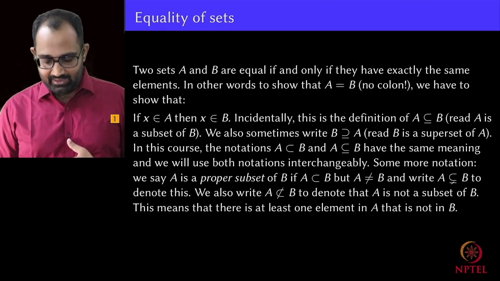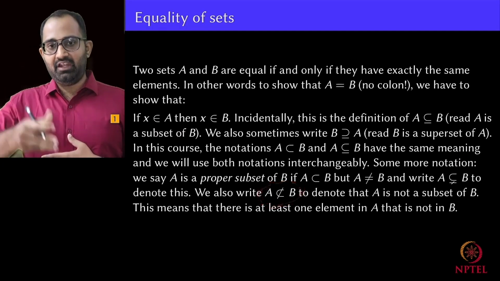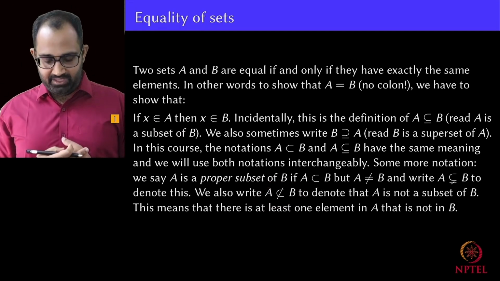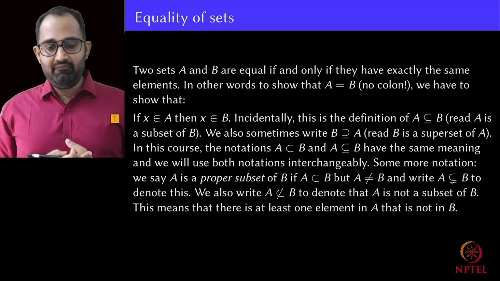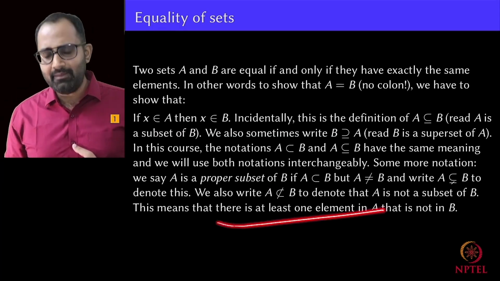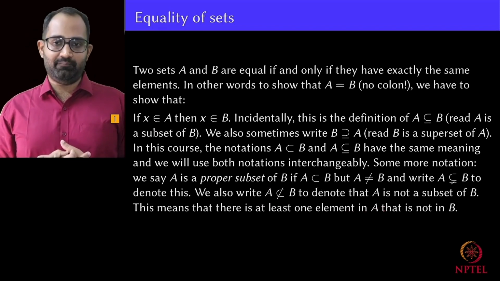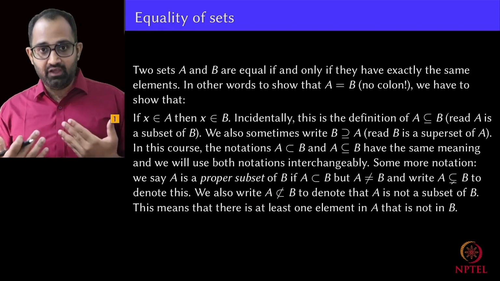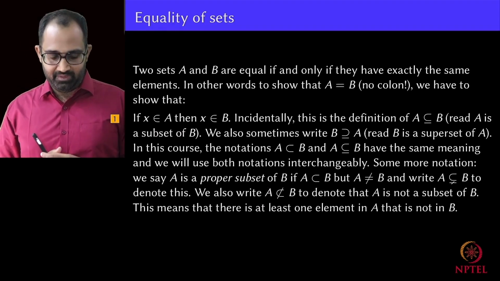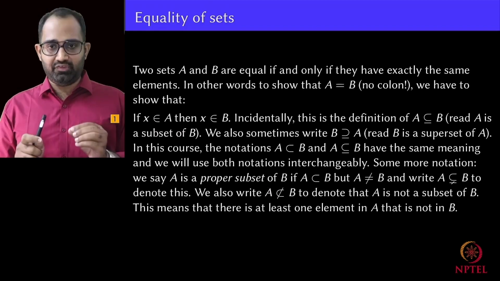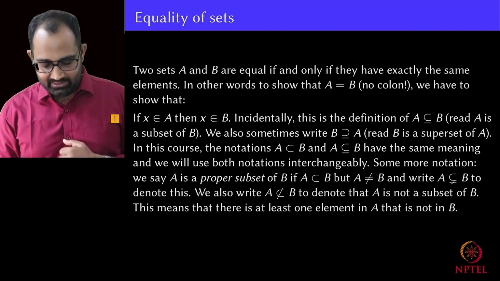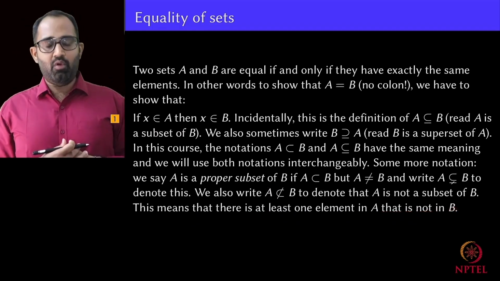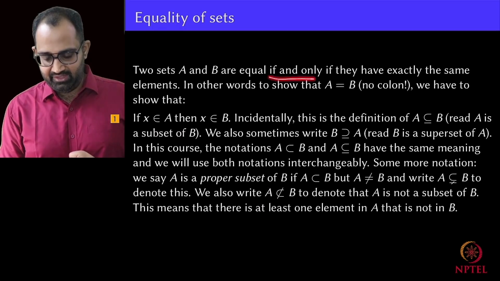And we will write A subset with a cross to mean that A is not a subset of B. When does this happen? When there is at least one element in A that is not in B. So if your set theory is rusty, or if this is the first time you're actually encountering this concept, maybe it's a good idea to pause the video and think about why this is the meaning of A is not a subset of B. Incidentally, some more notation. You notice this phrase, if and only if.